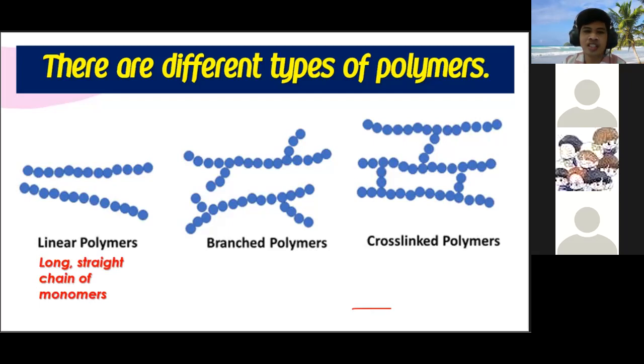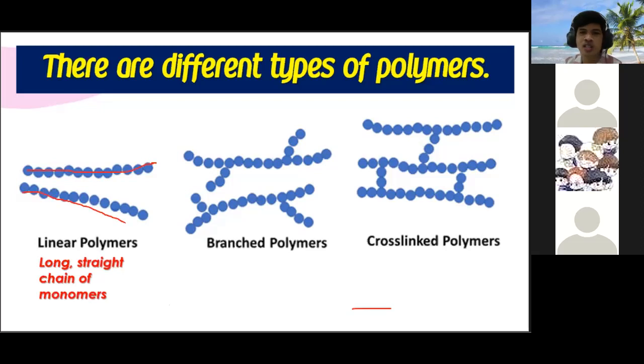A linear polymer is a very long straight chain of monomers. So that is the first one.